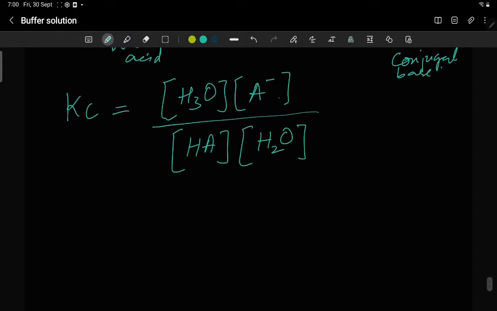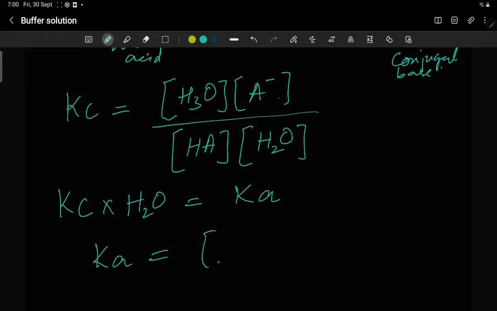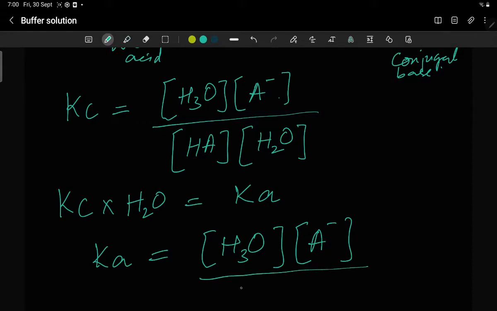Because water is constant, Kc into water is equal to Ka, where Ka is equal to the concentration of hydronium ion and the concentration of ethanoate ion divided by the concentration of weak acid.